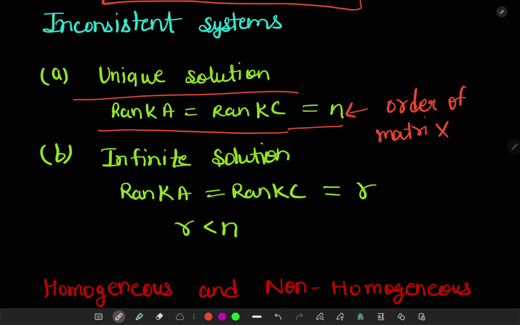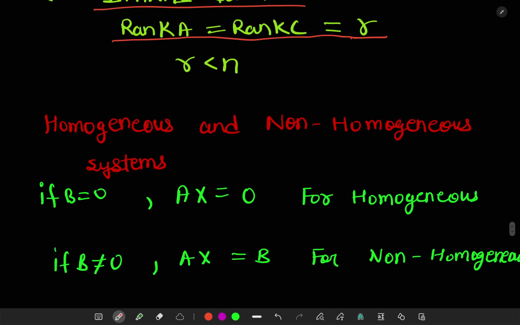Now, infinite solution: rank of A equal to rank of C equal to R. If R is less than the order of the matrix, then it is said to be a consistent system having infinite solutions.